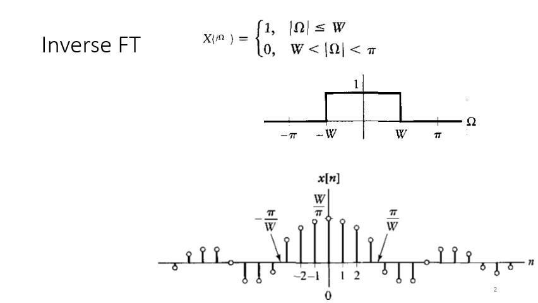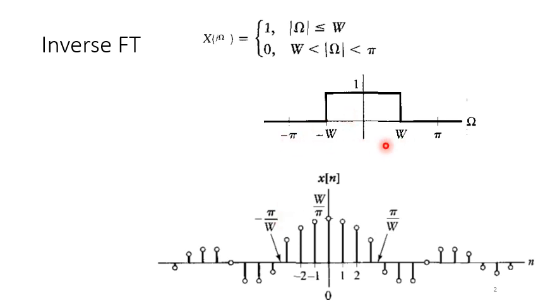So before starting the properties of the Fourier transform, let's do one more numerical problem on finding the inverse Fourier transform. That is to find the inverse Fourier transform of the discrete time signal. The signal we are given here is basically a pulse in the frequency domain.